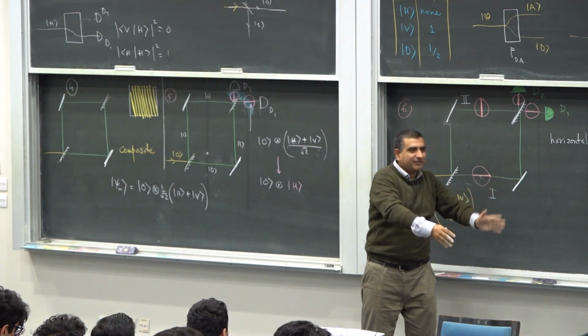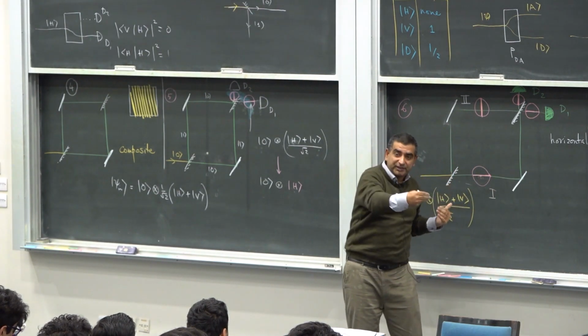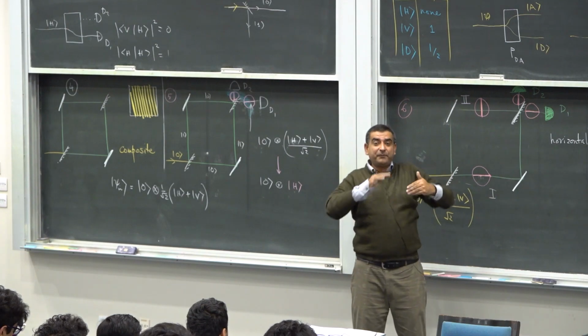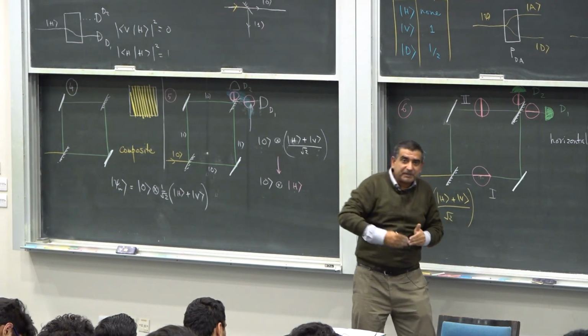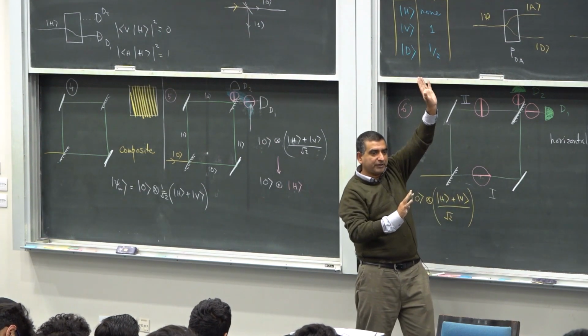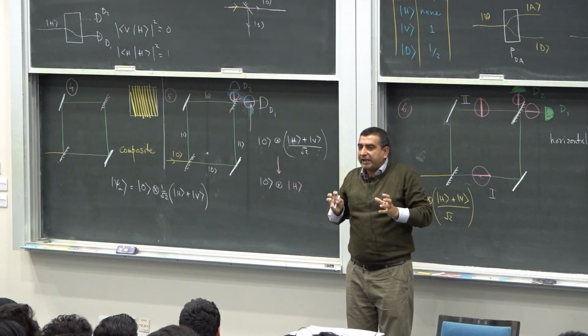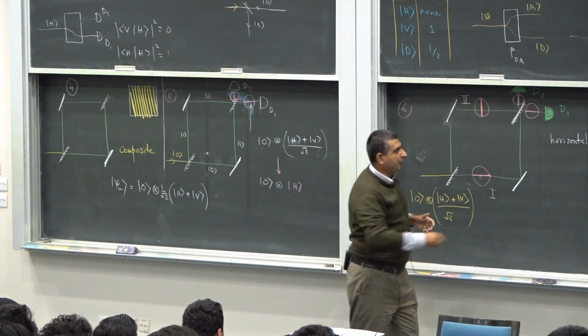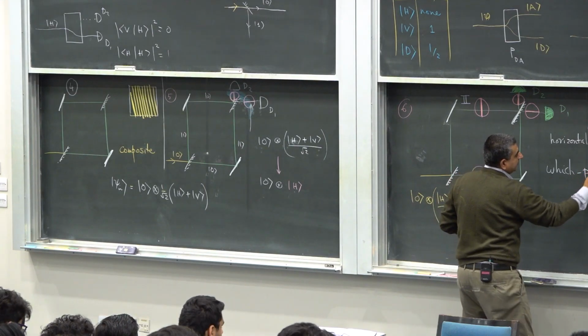D1 may have clicked, D2 may have clicked. If D1 clicks, we know it was a horizontally polarized photon. If D2 clicked, we know it was a vertically polarized photon. If D1 clicked, we knew it must have taken one path. If D2 clicked, we knew it must have taken the orthogonal path. So we now have which path information available.